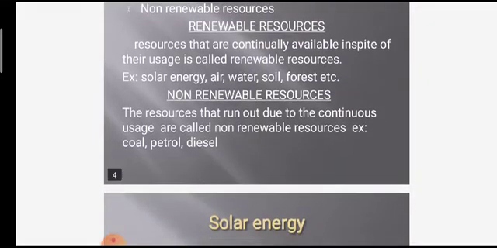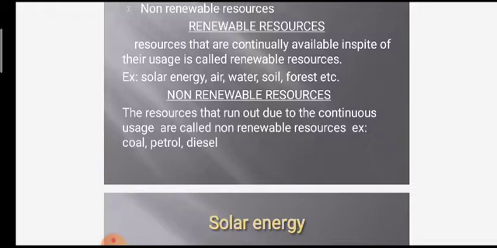Some of the non-renewable resources are coal, petrol, diesel. These are present in the earth's crust, right? These are limited. If we use them, they will get produced again only after thousands or millions of years.